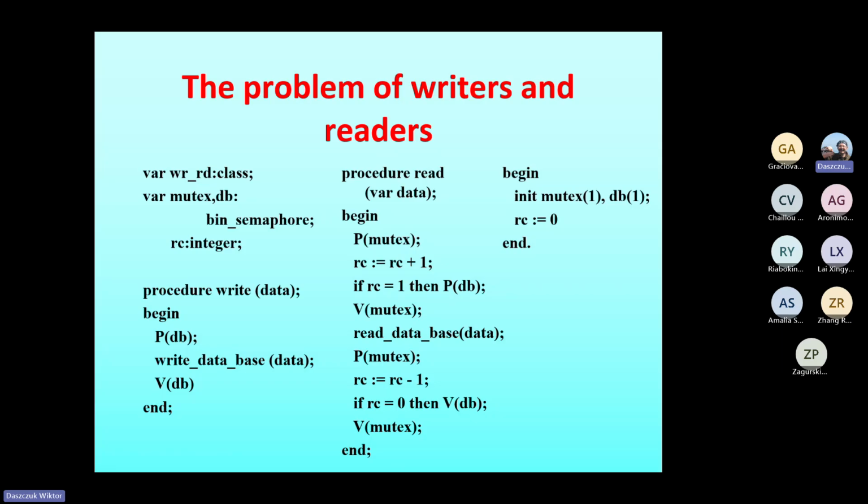We need a counter. So we have a variable RC, which is reader count, that holds the number of readers that currently access the database. So before entering to read, reader count is incremented. After leaving the database, it is decremented.